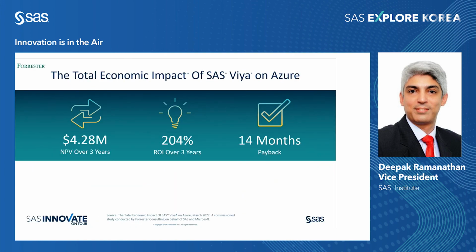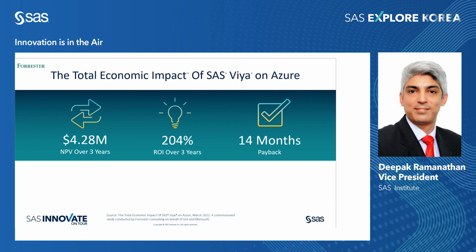Before we wrap up, I'd like to share one more impact study that was externally done by Forrester. In this study, they benchmarked SAS VIA customers on Microsoft Azure. There were several of our customers they engaged independent of SAS and Microsoft.